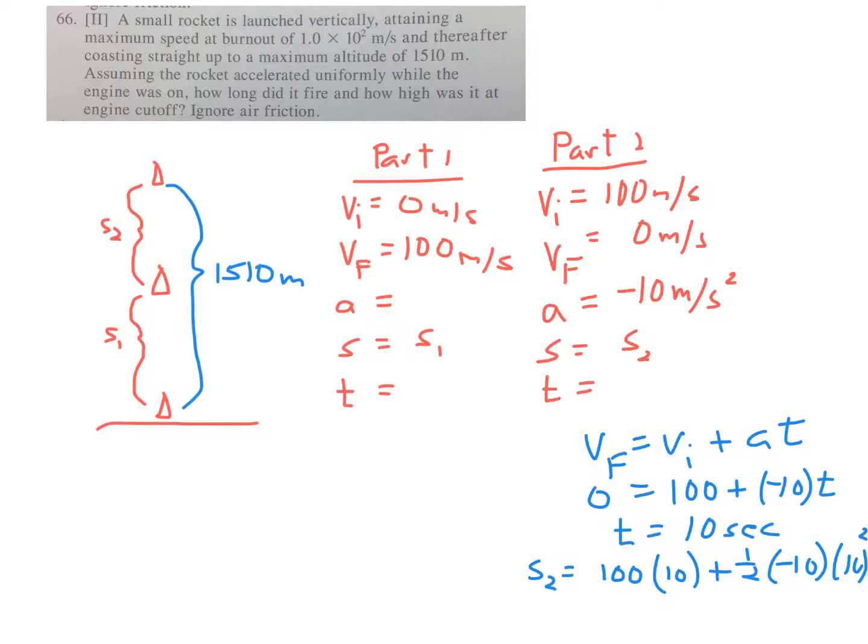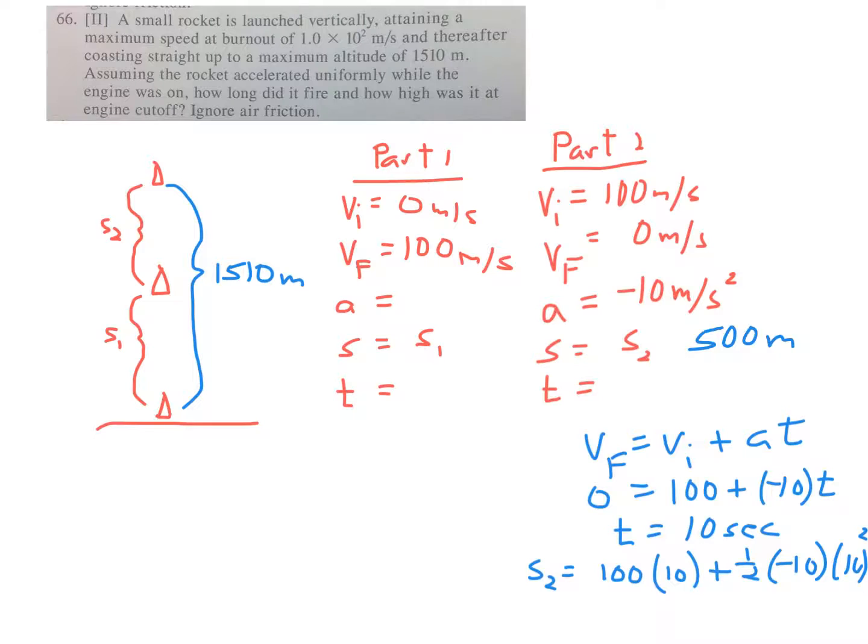Let me pause and do the calculation. And that comes out to be 500 meters. I ran out of space down there. You could have also just found that by V average times the time. The average velocity is going to be 50 meters per second for 10 seconds. So that's 500 meters.